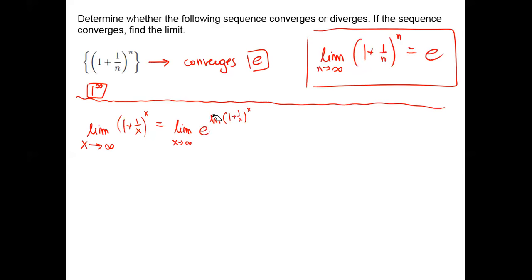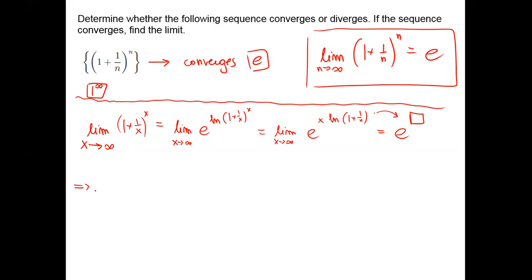We know that e and ln are inverse to each other, so they cancel out. Now, the x in the exponent can travel in front of the ln. The only thing is now I have to focus on my exponent. That means the final answer will be e to the power of this number.